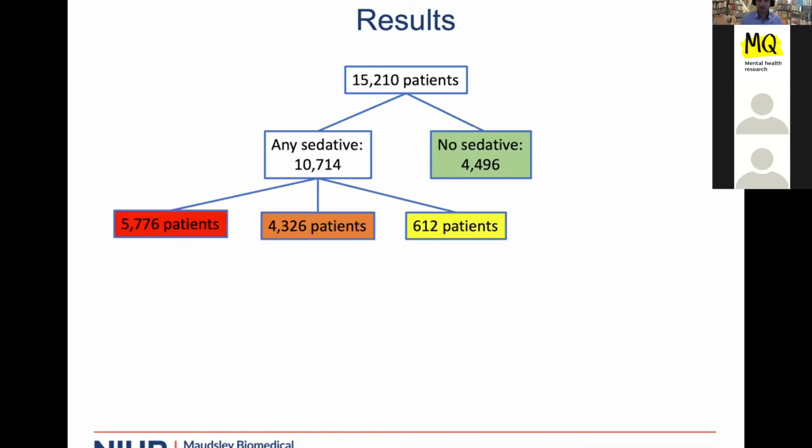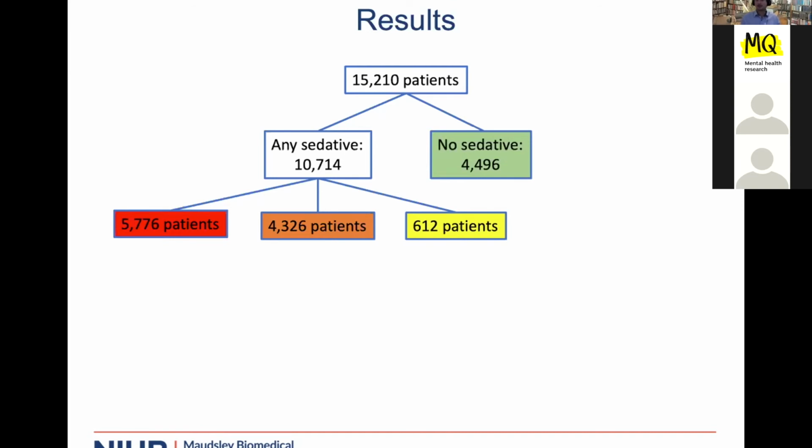15,000 patients with dementia. A third of them were not prescribed any sedative medication at that index date of them receiving their diagnosis, and two thirds were, whereby the majority was prescribed sedatives which had common sedation and strong sedation, or half of them roughly, and the other half had still sedatives that have common, very common sedation, but there was no indicator of that being very strong.